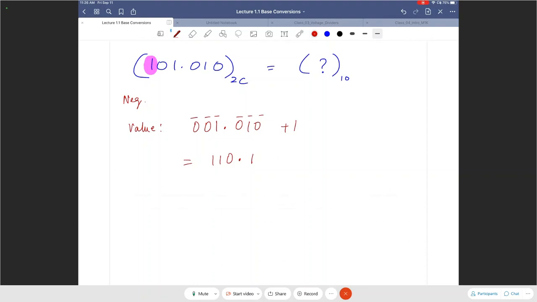So to find the value, why did I choose this? I have to use this. Right, flip all the bits, add 1, okay, so 0, 1, 0 binary point 1, 0, 1 plus 1, 0, 1, 0, 1, 1, 0, 2, 7, 5, negative 2.75.